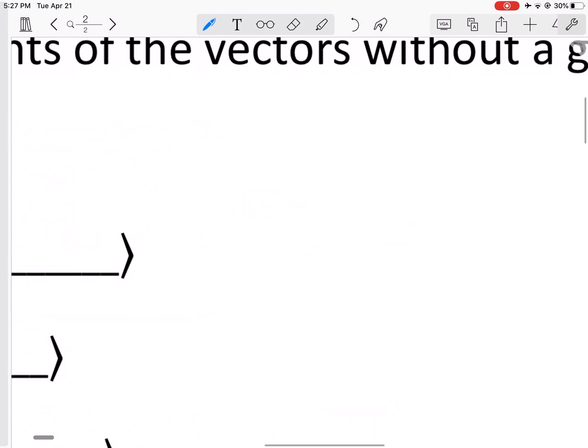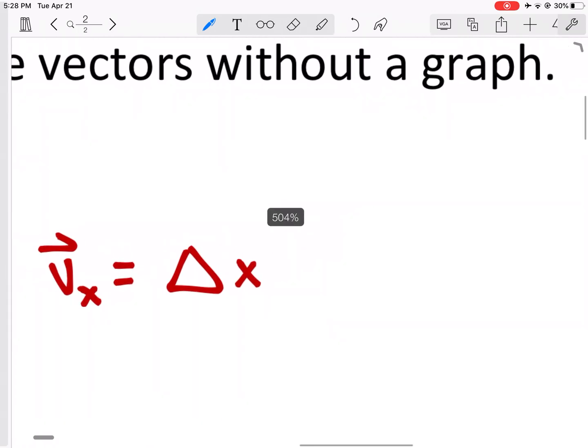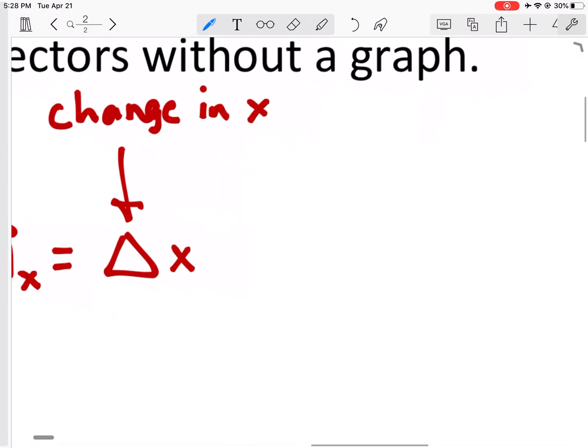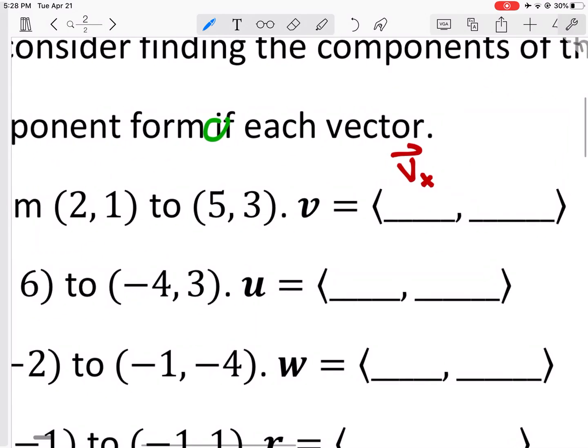So let's think. The horizontal component is going to be our change in x. Remember, delta, the triangle symbol, means change. This is the change in x, which means we have to take the x value of the second point and subtract it from the x value of the first point. This is x1, this is x2.